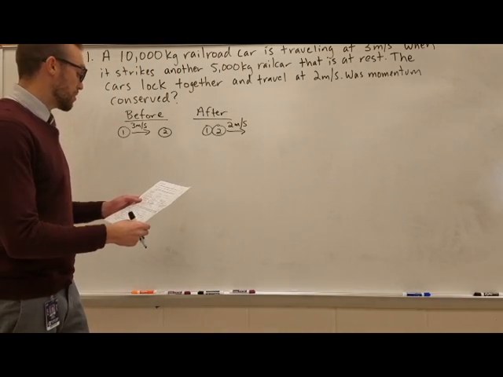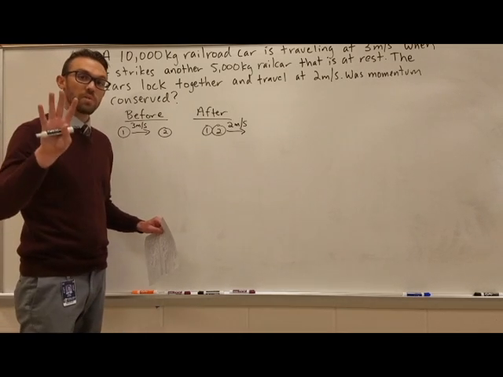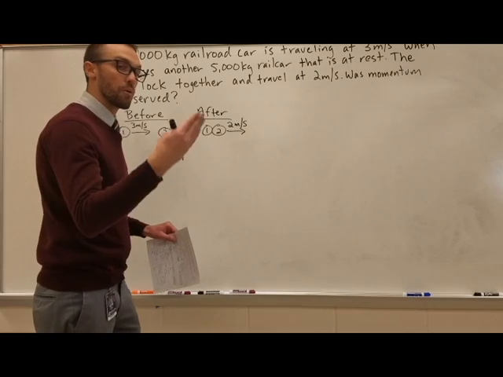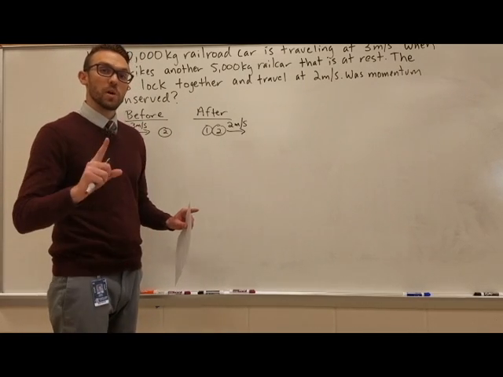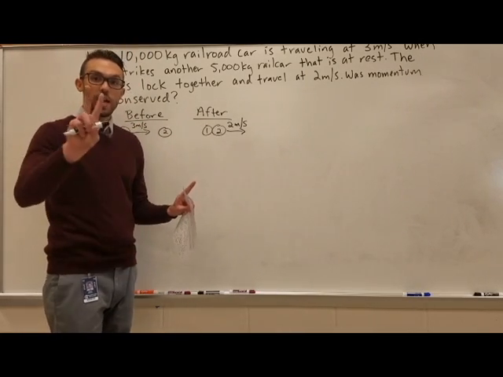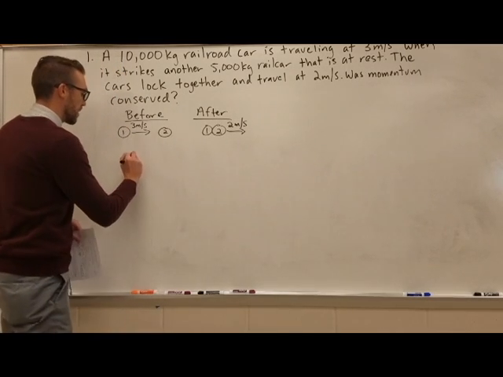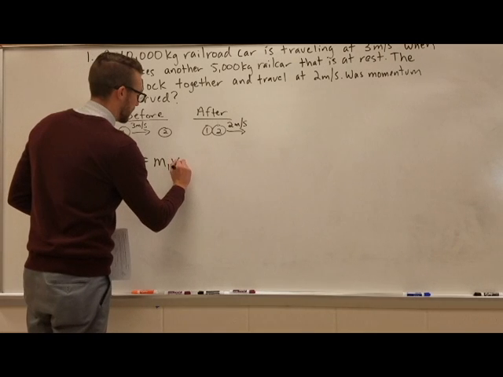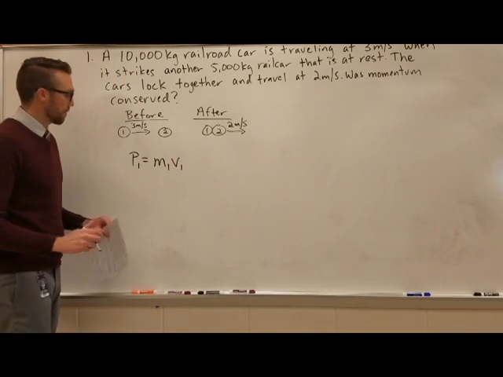Now the next thing we need to do is find out what the total momentum of the system is before the collision takes place. In order to do that, we need to figure out what the momentum is of object 1 and object 2. So the momentum of rail car 1 is equal to the mass times the velocity of that rail car.